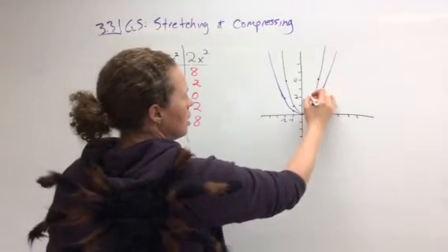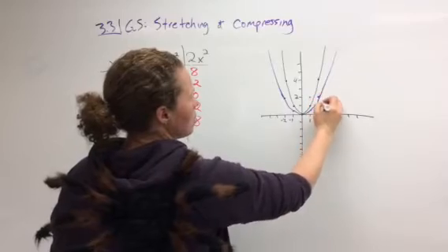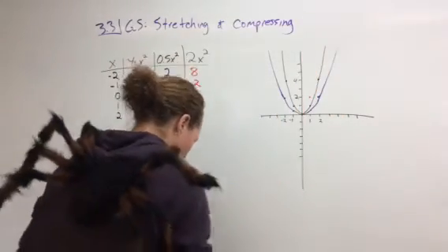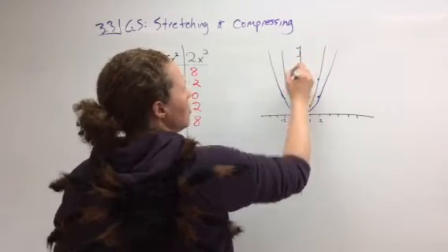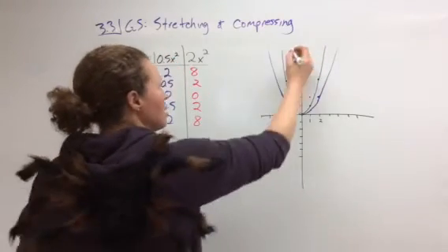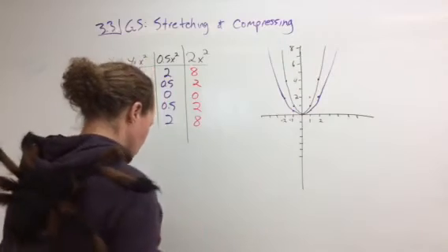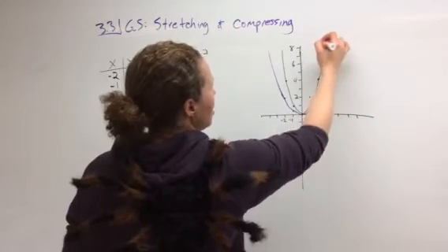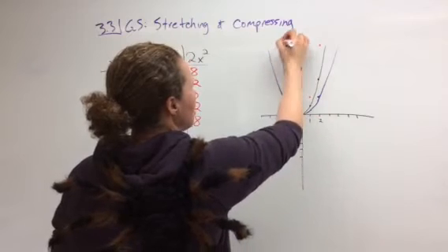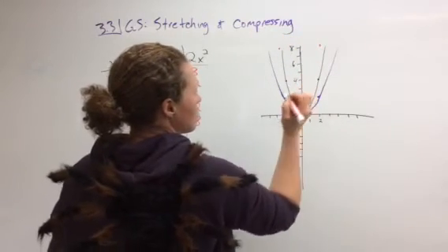So when I go over here, I'm going to have a plot of 1 and 2, 2 and 8. Now, my graph didn't quite go that high, so I'm going to have to extend it up to here. That would give me 8. So this becomes 2 and 8, 2 and 8, and then there's 1 in here.